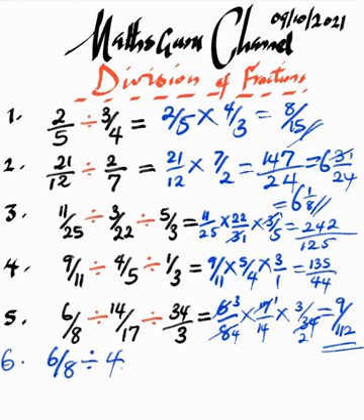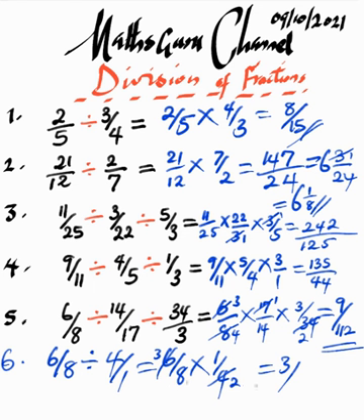Remember, every whole number is over 1. Every whole number is over 1. So we can easily go the same way, to be 6/8 multiplied by 1/4. And 2 here, 3. 2 here, we're going to have 2. So 3 times 1 is equal to 3, and 8 times 2 is equal to 16.